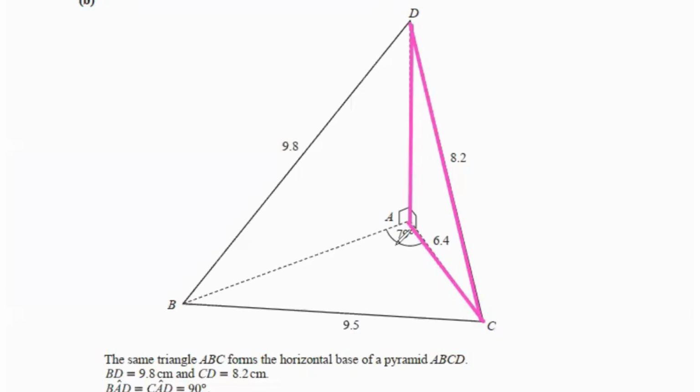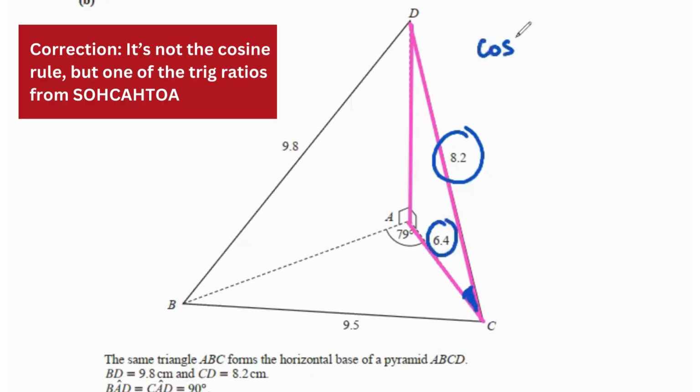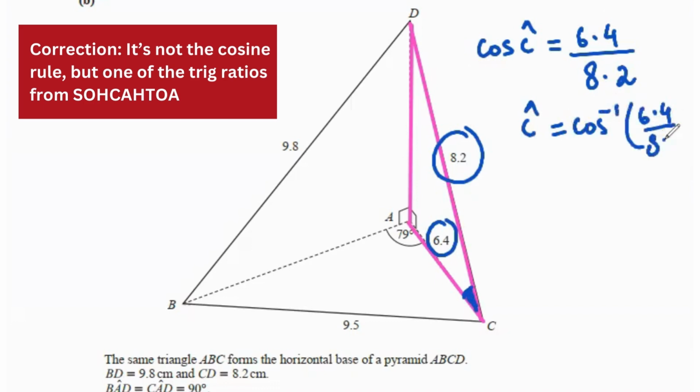This is your angle of elevation of D from C. We have the hypotenuse and we have the adjacent, which means you can use the cosine ratio. cos of C equals 6.4 divided by 8.2. So C is going to equal cos inverse of this fraction, and that will give us 38.7 degrees. This is your angle of elevation of D from C.